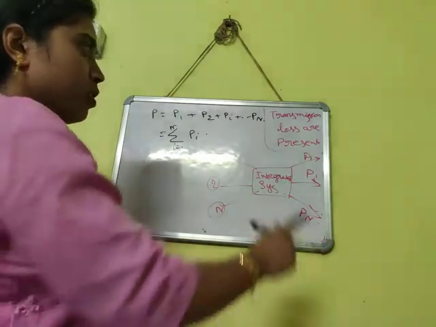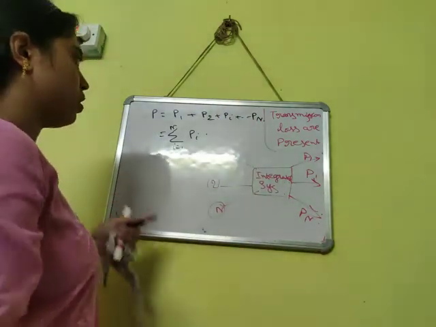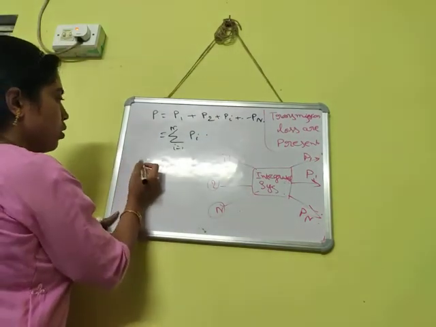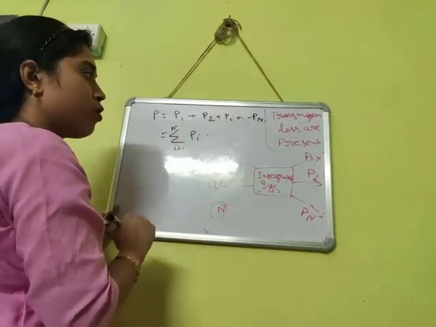Why? Because losses are present. As losses are present, generation equals demand plus loss.